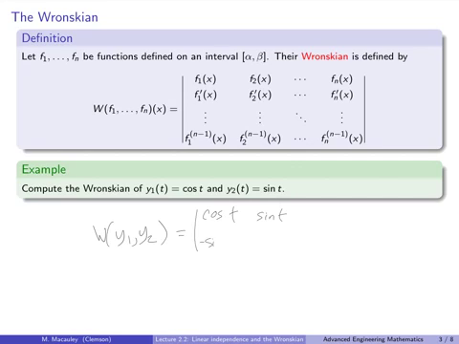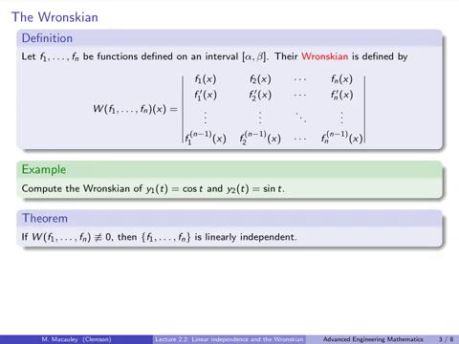This is minus sine of t, and this is cosine of t. And the determinant is cosine times cosine minus sine times negative sine. So that's cosine squared of t plus sine squared of t, which equals 1.